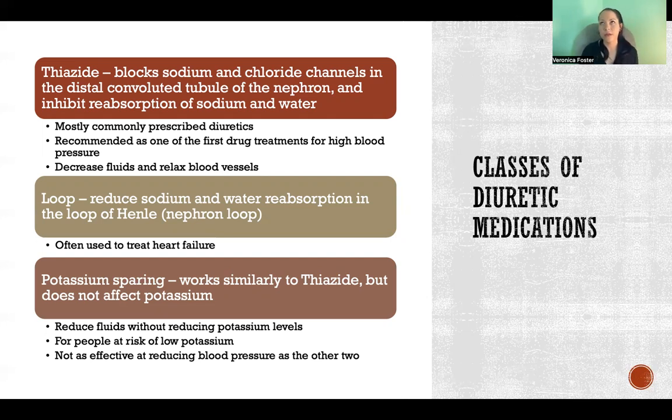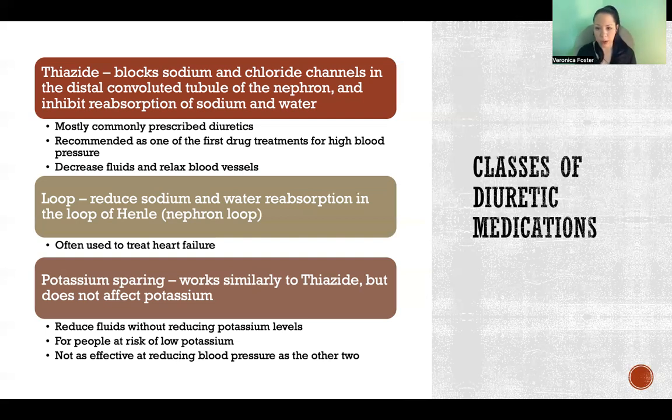It doesn't completely stop the reabsorption of water, or that would be fatal in and of itself, but it reduces it. And so this type of medication is often used to treat heart failure, where you're trying to get rid of a good volume of fluid. But again, it also does interfere with potassium, so that is still a danger in this case.